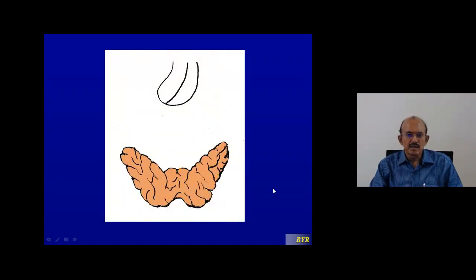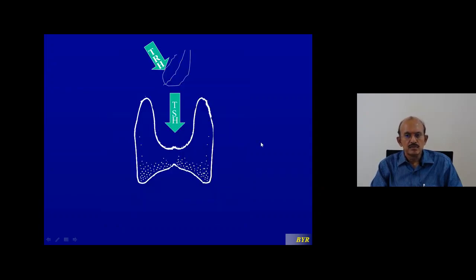Pituitary thyroid axis. This is the anterior pituitary, which secretes TSH under the influence of thyrotropin releasing hormone. TSH is also called thyrotropin.